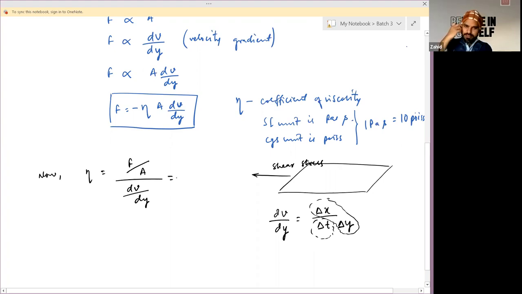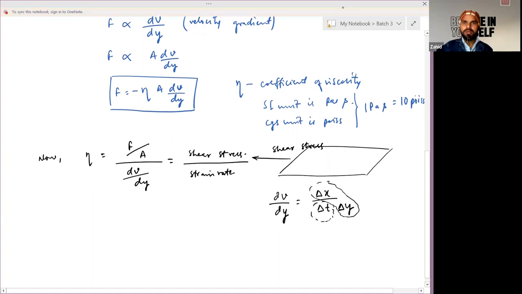We can write this relation as the ratio of shear stress to the strain rate. So you will be asked to relate this coefficient of viscosity in these two terms, or how these two different values are related with the coefficient of viscosity.